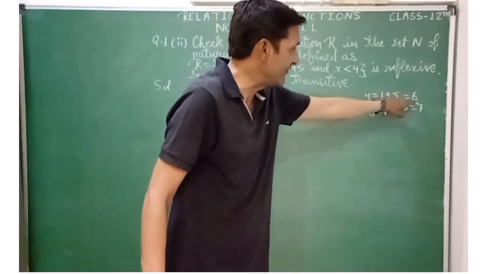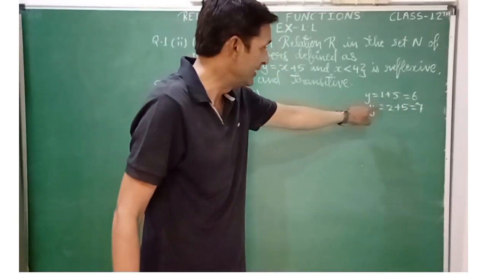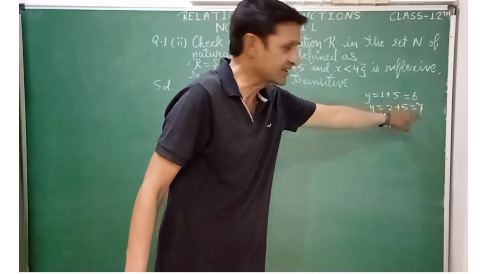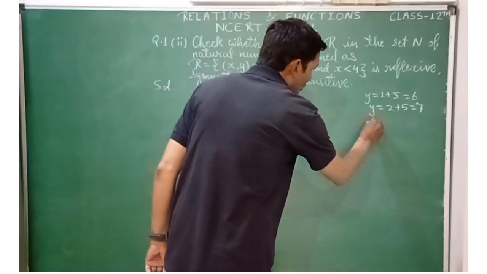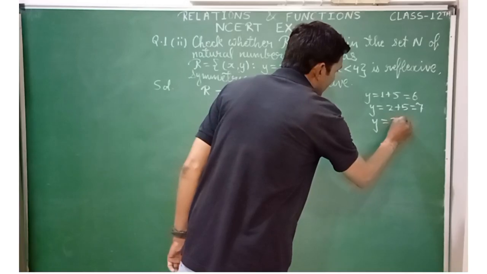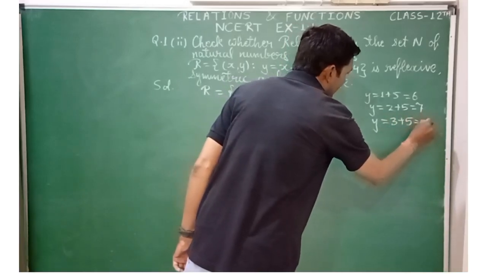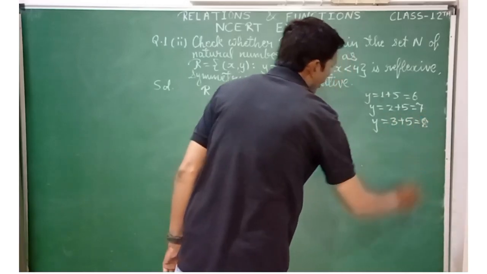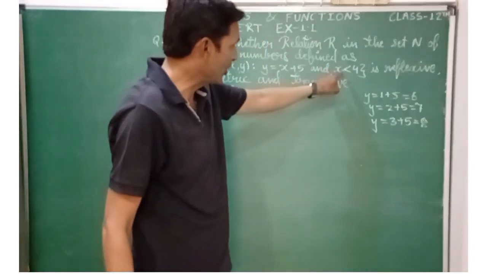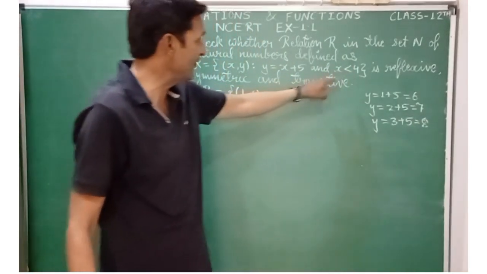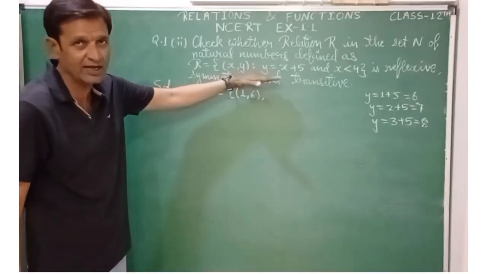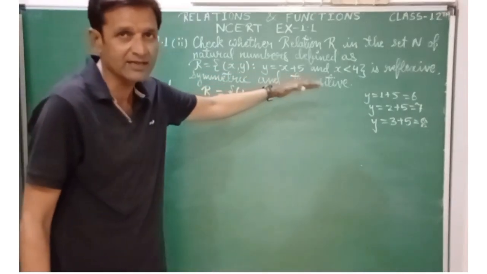So 1 + 5 is 6. Now after 1 there is 2, and 2 + 5 is 7. After 2 comes 3, so 3 + 5 is 8. Now 4 is not allowed because x is always less than 4 according to the given condition in the relation. So we are bounded by this condition.